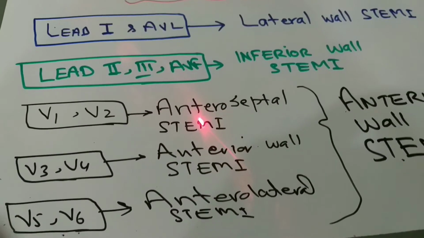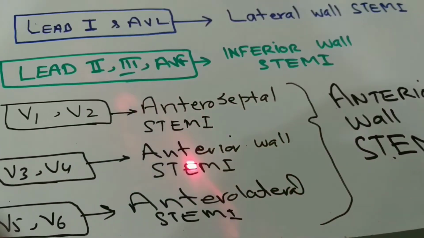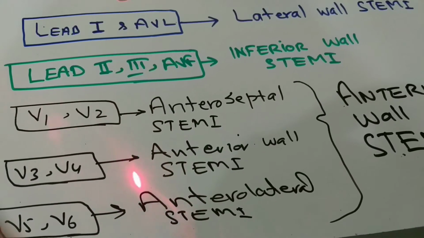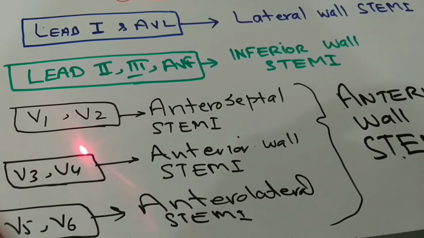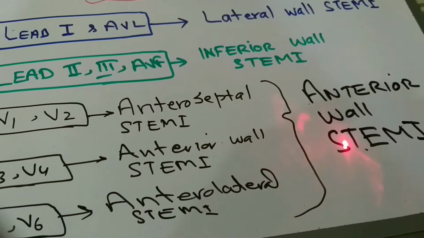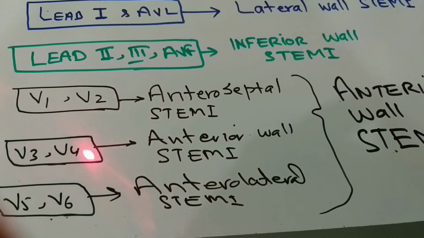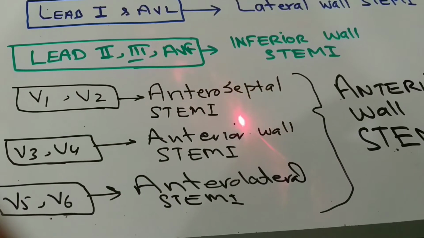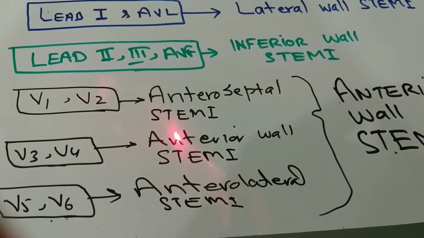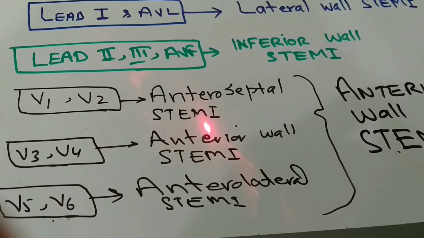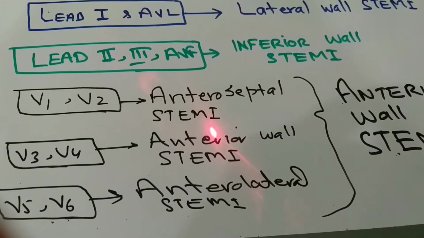The anterior leads, which are V1 to V6, when there is a change of ST elevation in any 2 of these contiguous leads, we call it anterior wall ST elevation MI. But these are subdivided into 3 groups. V1 and V2 are known as anteroseptal leads, and their changes are mentioned as anteroseptal STEMI.